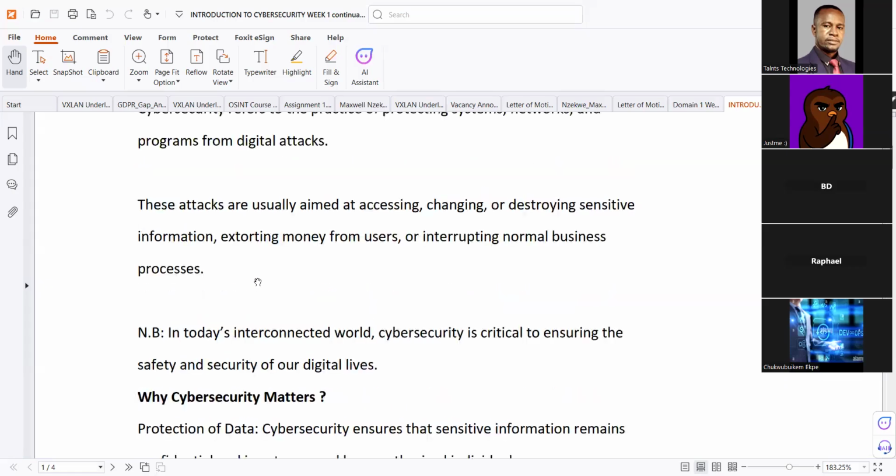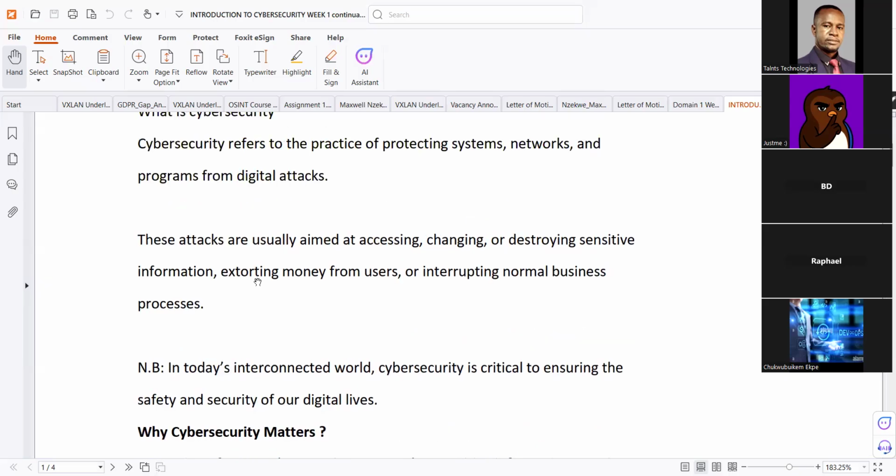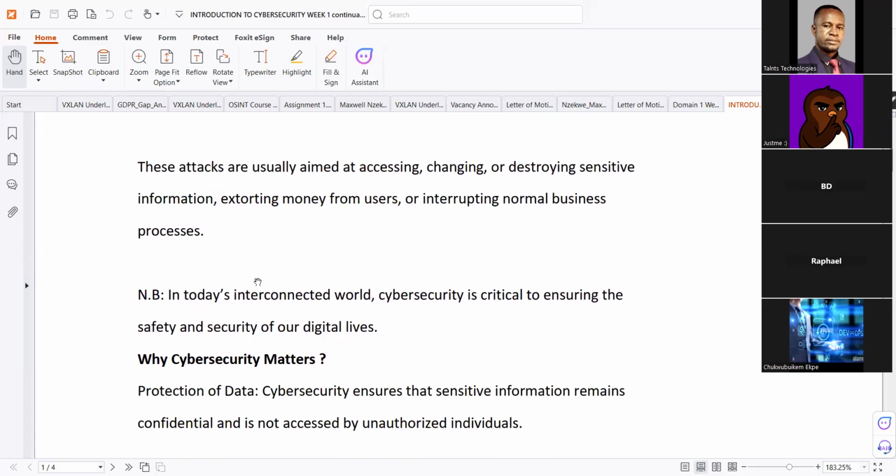So cybersecurity involves protecting digital assets, our network, and our systems from digital attack. And it comprises three backbones called the CIA triad: confidentiality, integrity, and availability.